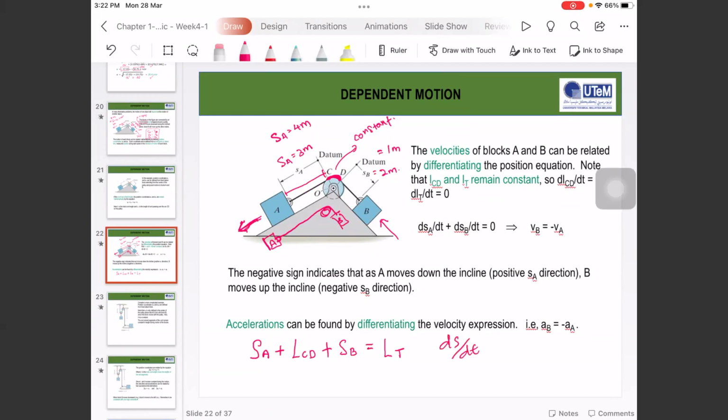So kalau saya differentiate, ds over dt, differentiate position, you will get velocity. Differentiate SA, you will get VA. L_CD ni constant, right? So you differentiate constant, you will get 0 lah.